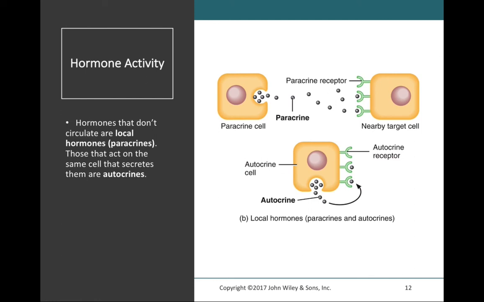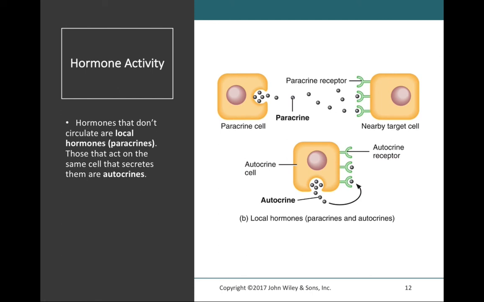Truly, the only difference between an autocrine and a paracrine is which cell they're going to act on. Autocrine means particular hormones that are going to affect the exact same cell that released them. Autocrine means self, so when a cell releases hormones, and those hormones act on these receptors on the same cell membrane of the cell that released them, that is known as an autocrine.